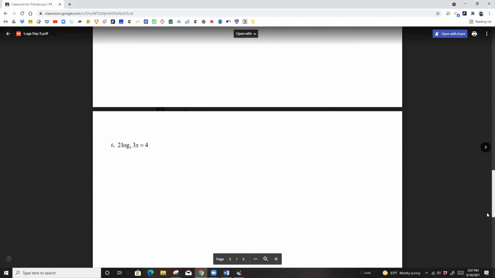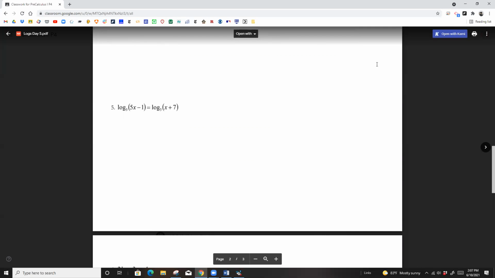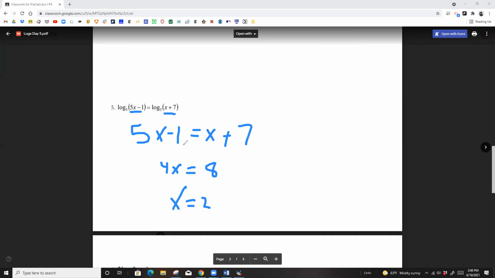So you could set those equal to each other, the expressions inside the log. So you could set 5x minus 1 equal to x plus 7. All right, and then go from there. Subtract x on both sides, add 1 on both sides, divide by 4, and x is 2.